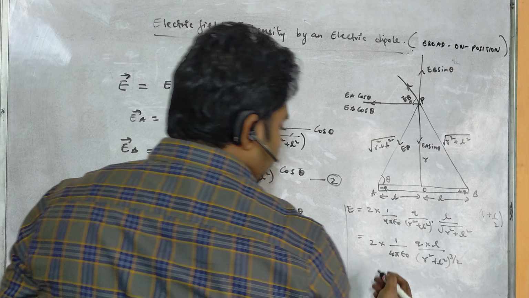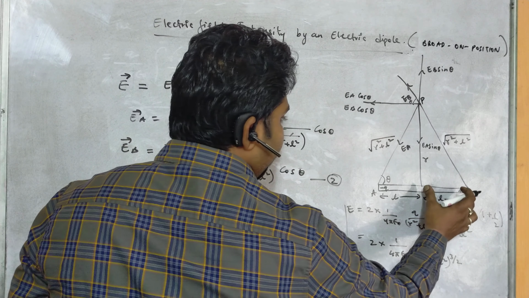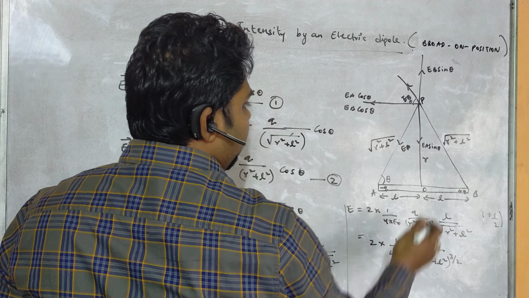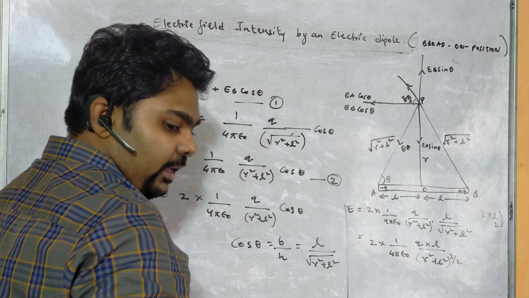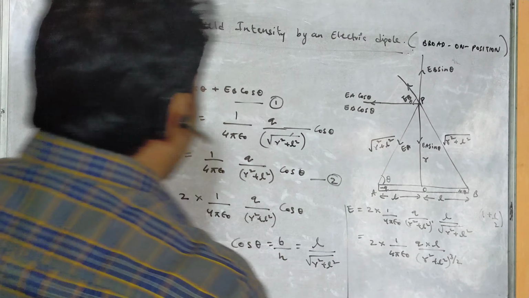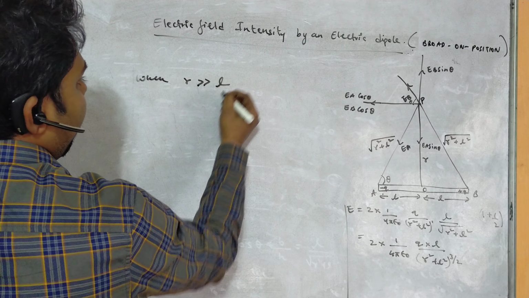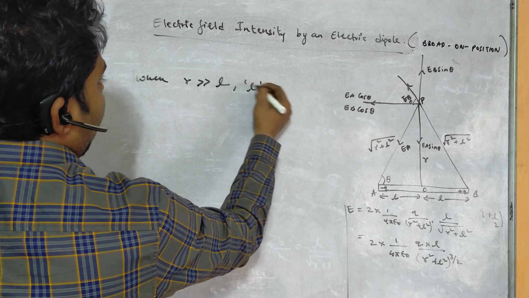Now similarly, if this point P is very far from this dipole, that means R is much greater than L, then L can be neglected, that is L equals 0.